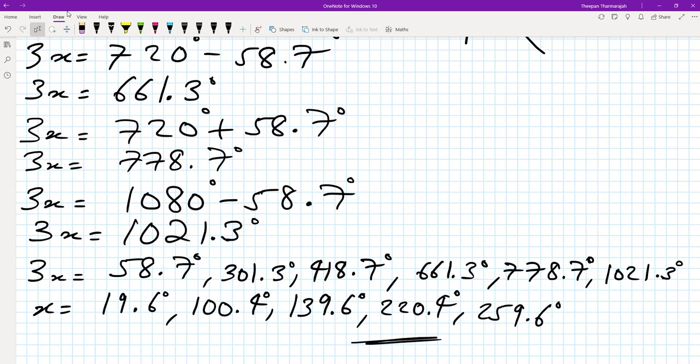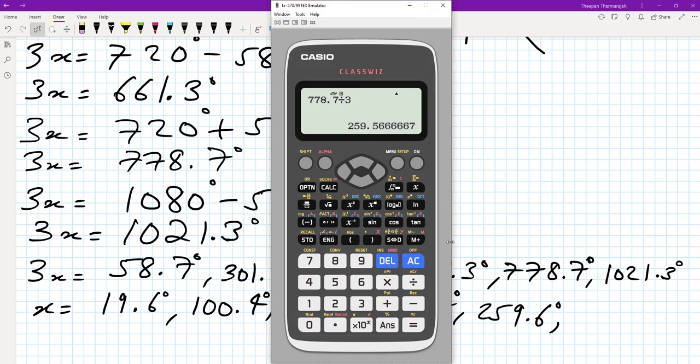And then we're going to do 1021.3 divided by 3, which is 340.4 degrees.